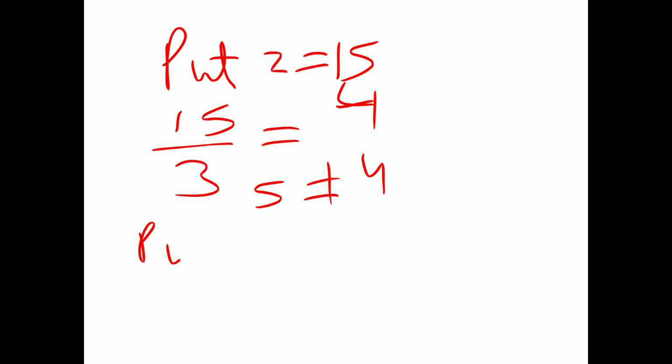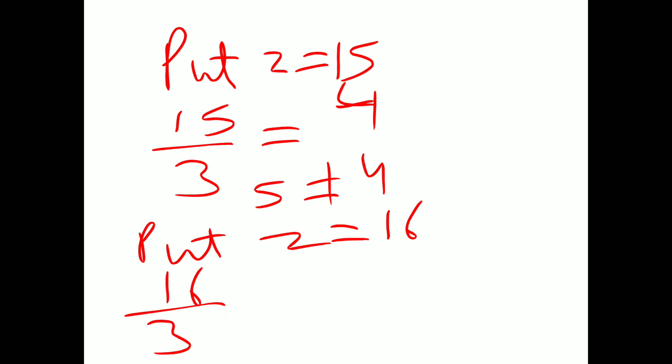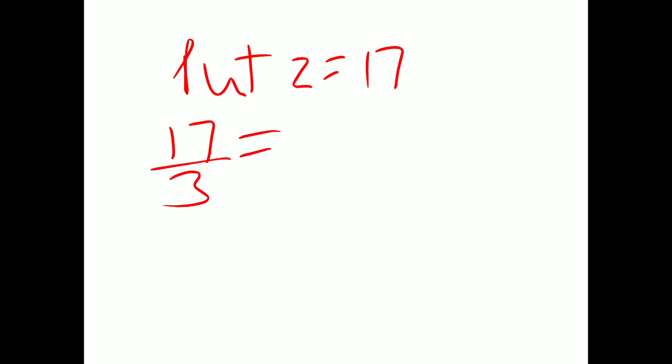Now put z is equals to 16. 16 divided by 3, it should be equals to 4. Answer is which is not equals to 4. Now put z is equals to 17. 17 divided by 3 should be equals to 4.